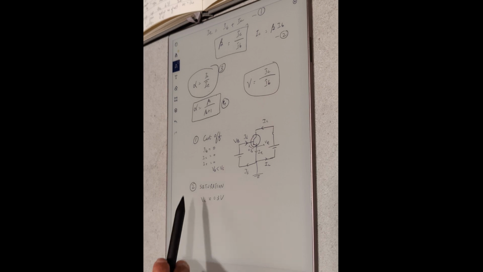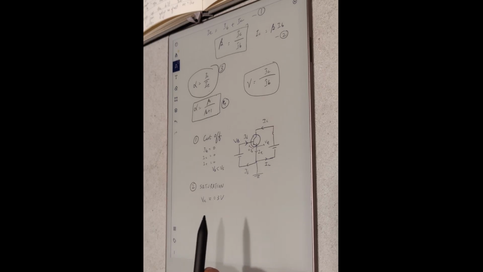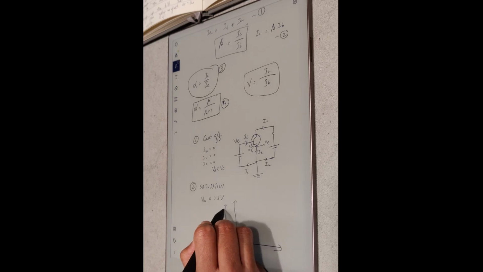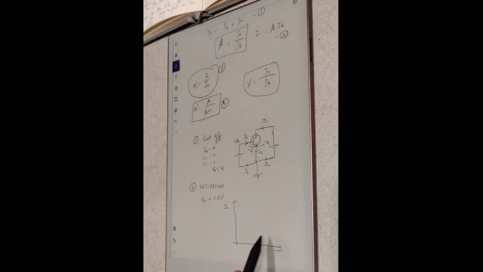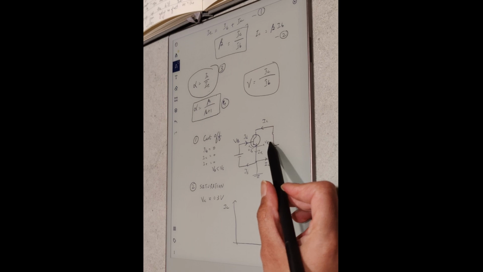Now, if I were to draw the output characteristics for the transistor, specifically if I want to know what my IC is when I have different values of IB, then let's say this is volts and this is current. This volts is the VCE, this one.